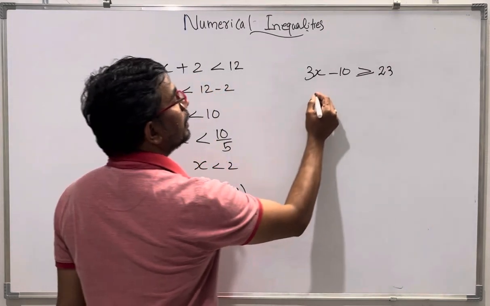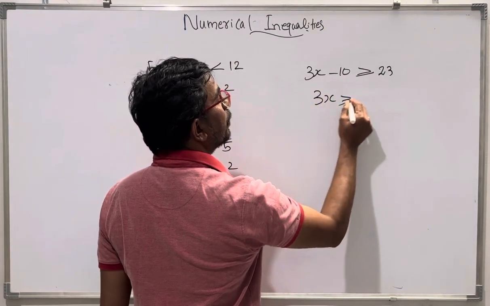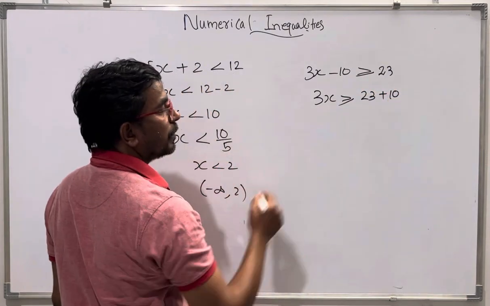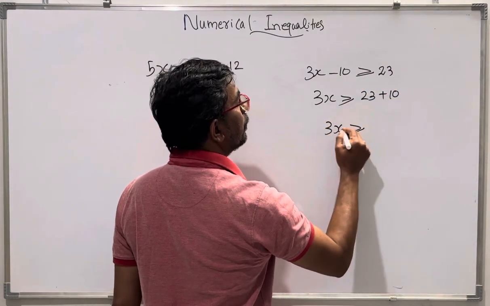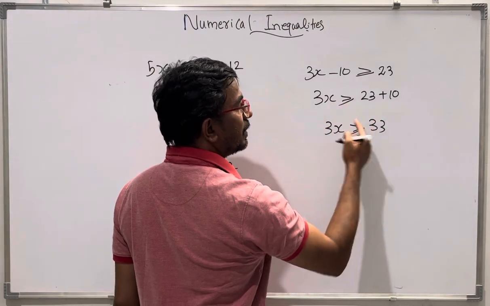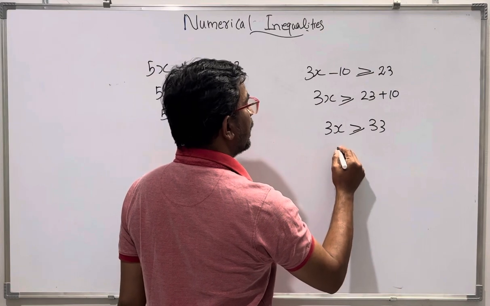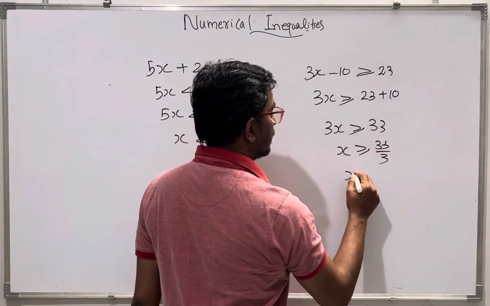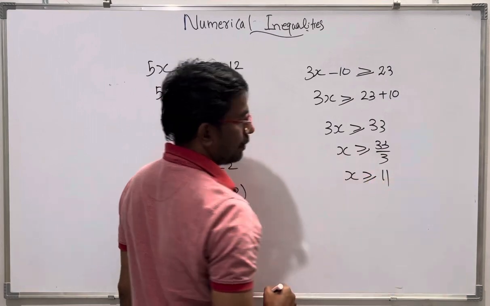So what will you get? 3x greater than or equal to 23 plus 10. That is 3x greater than or equal to 33. I didn't change the inequality. You are dividing by a positive number, which is 33 divided by 3. So x greater than or equal to 11.